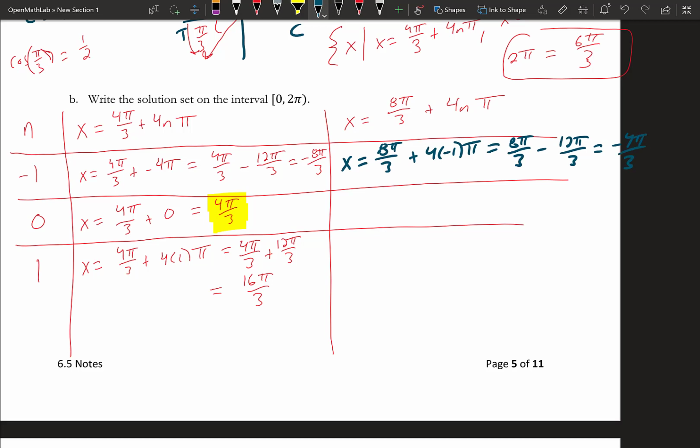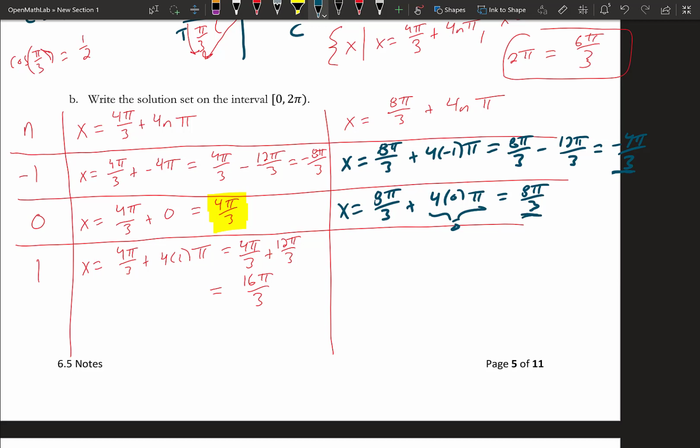That's less than 0. If I plug 0 in, that would be x equals 8 pi over 3 plus 4 times 0 pi, which is just equal to 8 pi over 3, because this part is just 0. And that's too big.